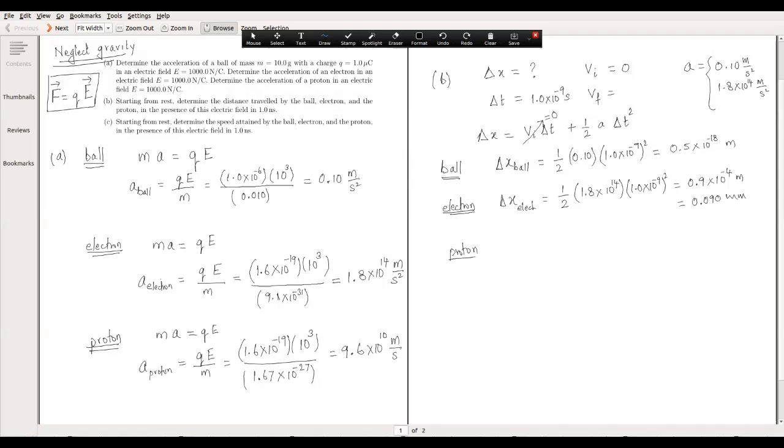Proton, same idea, except now the acceleration is different. Acceleration this time is 9.6 into 10 raised to 10 meters per second squared, and the time is the same.